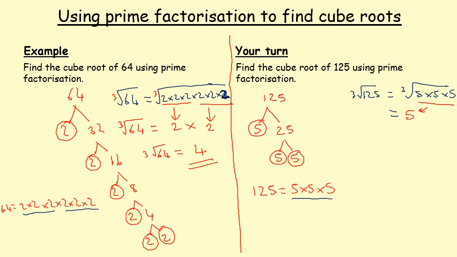We end up with 125 equals 5 times 5 times 5, and then we can say the cube root of 125 equals the cube root of 5 times 5 times 5. We've only got one triplet here, so we're just going to take one of those, which is 5, and that means our cube root of 125 is 5. You may know that anyway, but I would hope that you still had a go at this example.